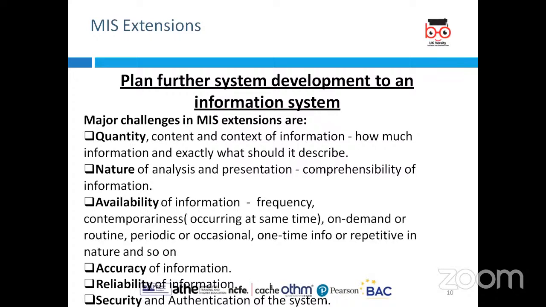Also, we have nature of analysis and presentation. We will look into availability of the information, where we can see frequency, contemporaneous, on-demand or routine. Then we can look into accuracy of information, reliability, and security.